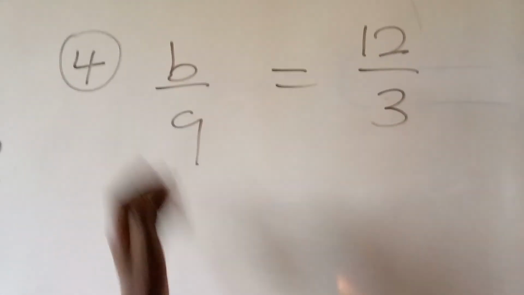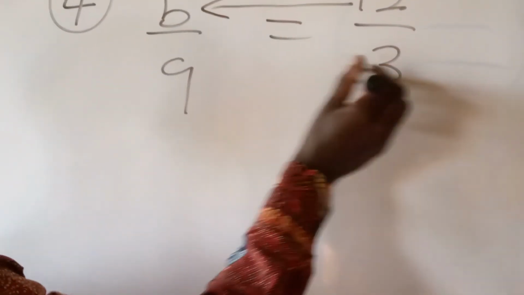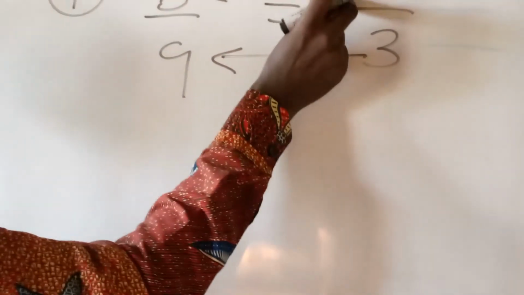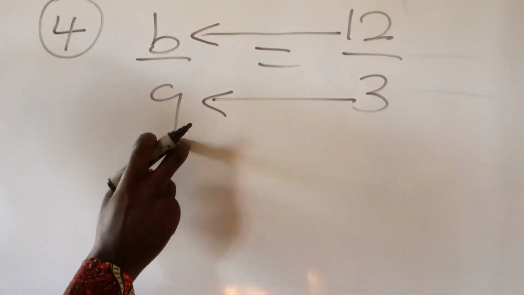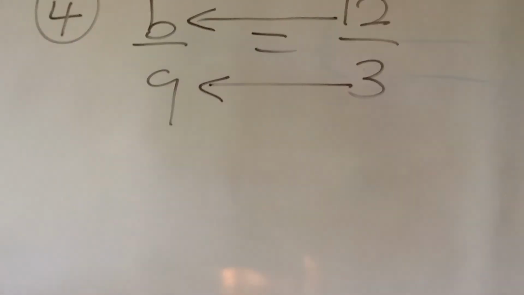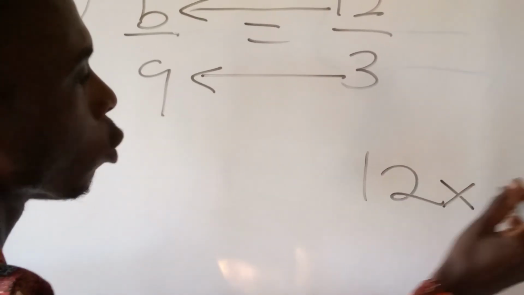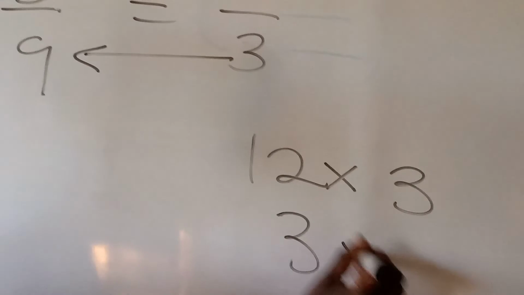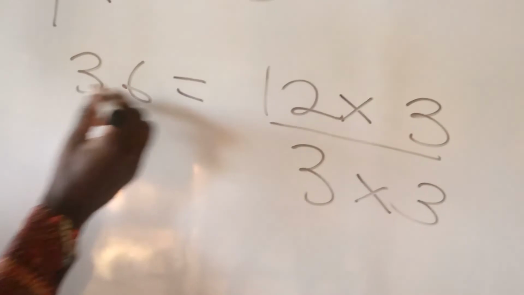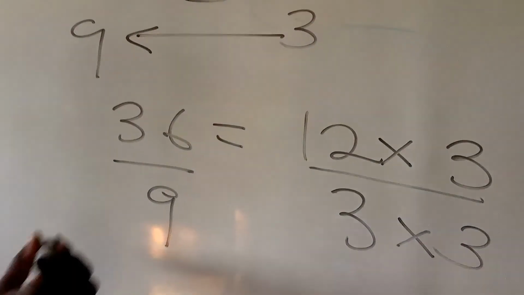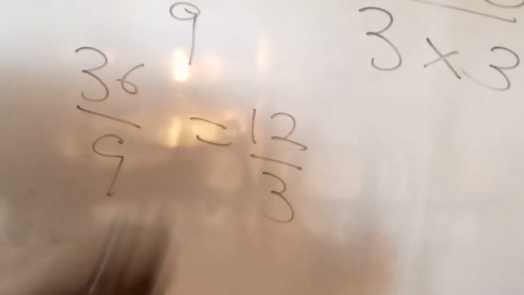So what you do is match these ones, and once we know that the corresponding to this 12 is b, you ask yourself, 3 multiplied by which number will give us 9? It's what? 3. So if you want to find b, it means that 12 becomes 12 times 3, and this 3 is 3 times what? 3. And 12 times 3 we are getting what? 36 over 9. This means 36 over 9 is equivalent to 12 over what? 3.